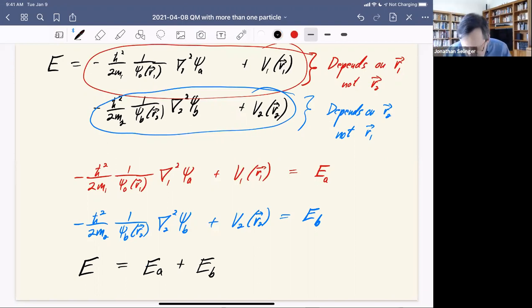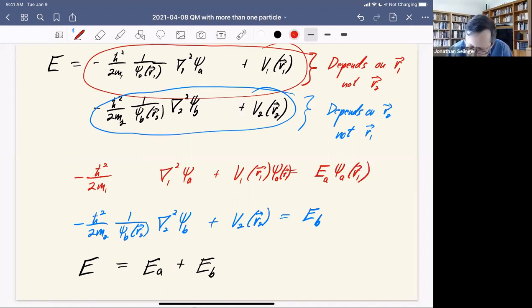So this is actually nice. This is the only situation in which a two-particle problem is not a disaster. In this situation, we get separate equations, basically a separate Schrodinger equation for each particle. To help you recognize that, let's take the red equation and multiply everything by psi A. So I erase this and multiply through by psi A of R1 equals E_A times psi A of R1.